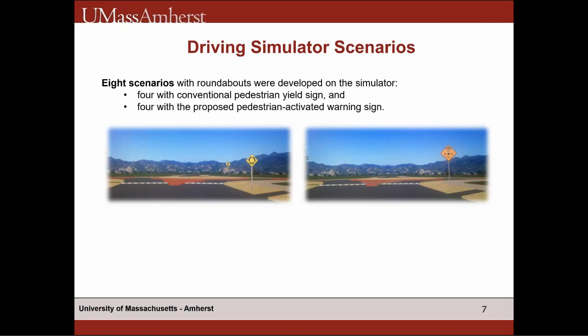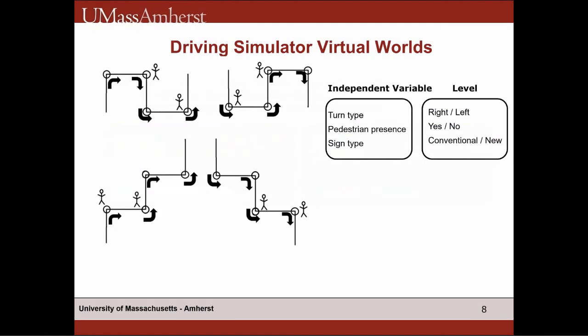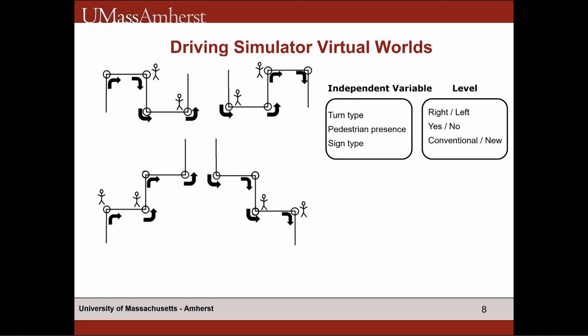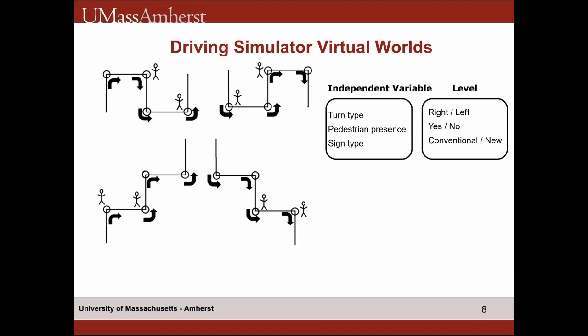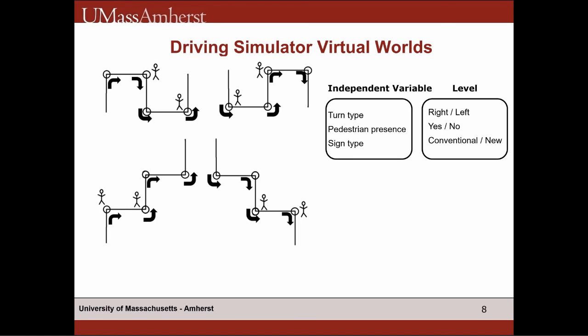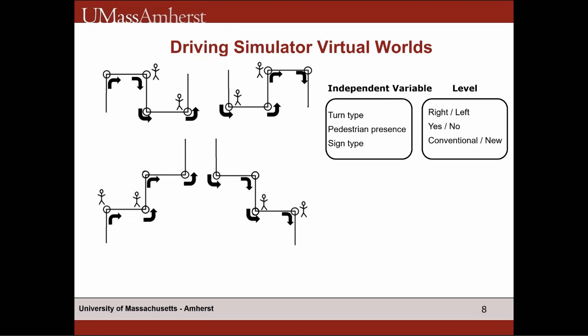And to have a better understanding of how we developed these 8 scenarios, we had 4 virtual worlds, because we wanted to eliminate the effect of order. So we developed these 4 roads: right turn with pedestrian, right turn without pedestrian, left turn with pedestrian, and left turn without pedestrian.